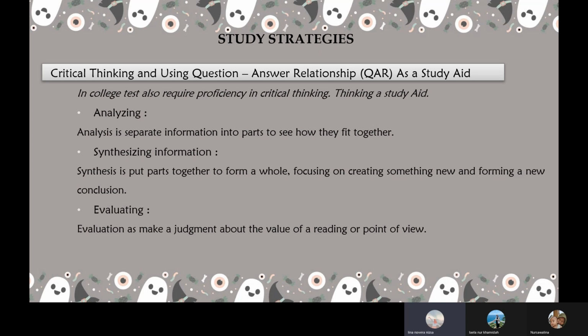And the second is synthesizing information. Synthesize is putting parts together to form a whole, focusing on creating something new and forming a new conclusion. And the last is evaluating. Evaluation is making a judgment about the value of a reading or point of view.